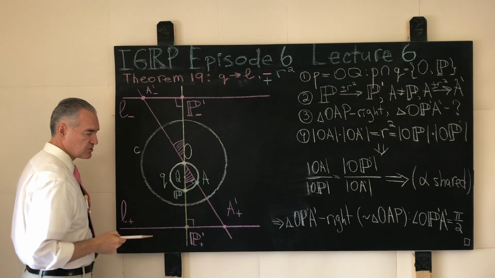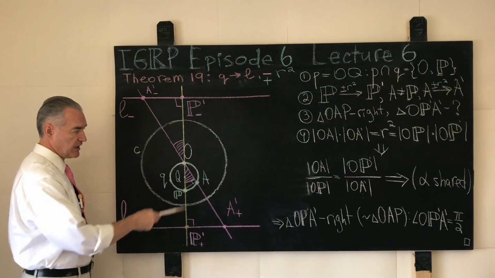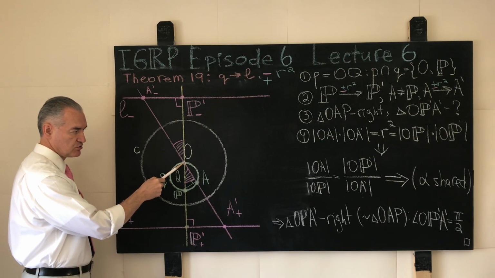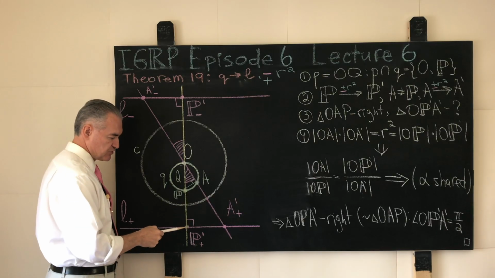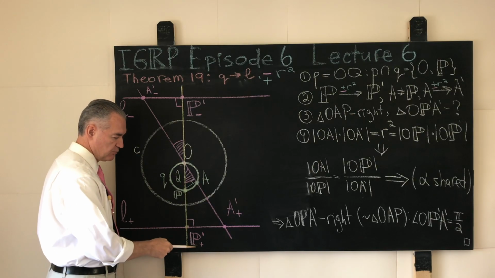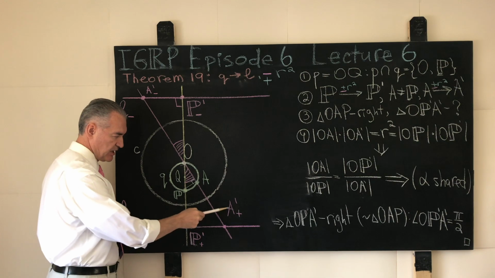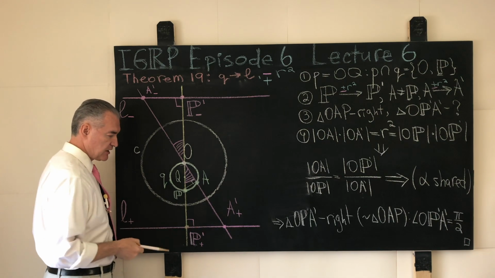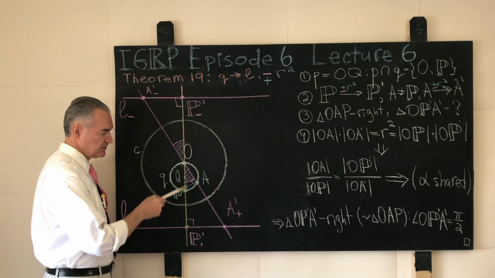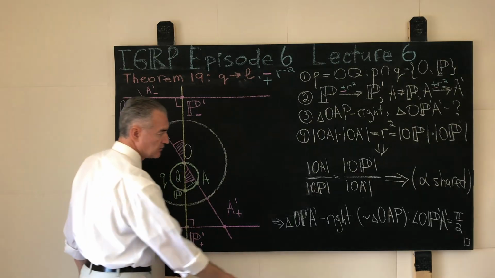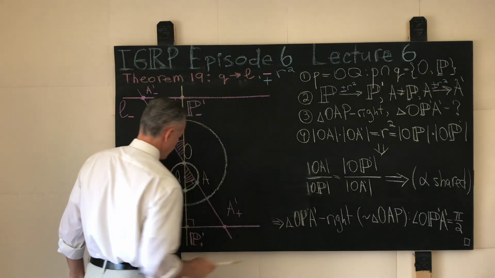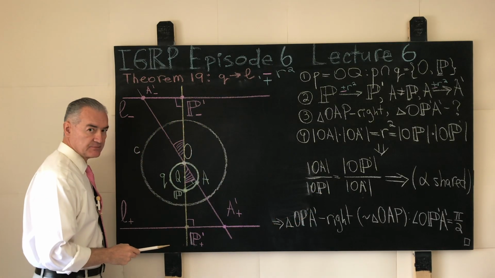Because these two triangles share one and the same interior angle at the center of inversion O. Thus, through the similarity, we argue that the triangle OP prime plus A prime plus must be right, and in that triangle, the side OA prime must be positioned where?